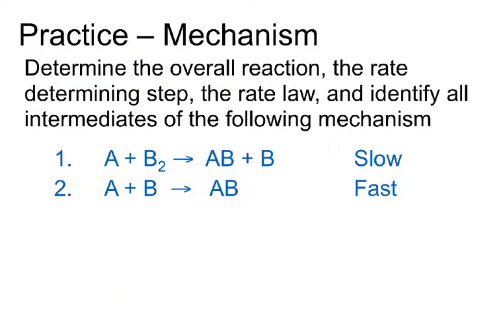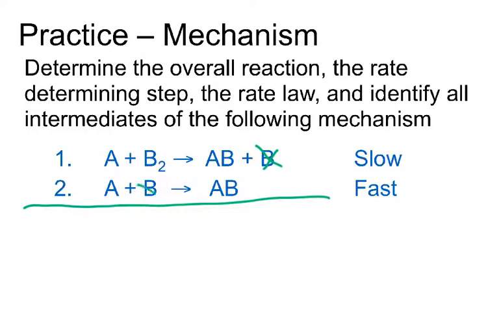So let's practice. Determine the overall reaction, the rate determining step, the rate law, and identify all intermediates in the following mechanism. So let's find our overall reaction first. All we have to do there is add together our reactions. So we have, as an intermediate, we're forming B and then using it up.